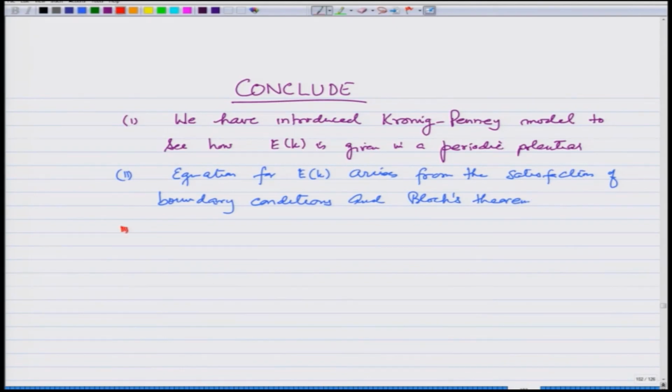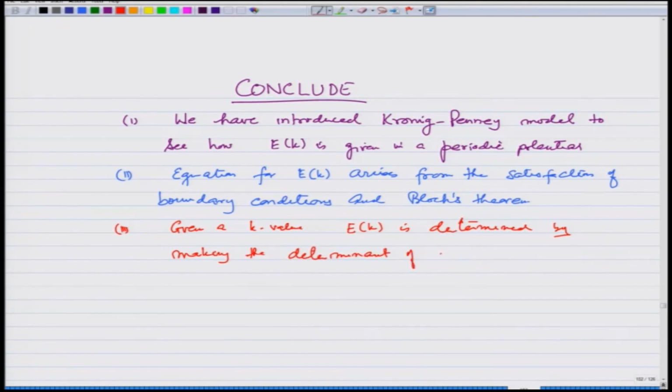Number 3, given a k value, E(k) is determined by making the determinant of coefficients, for lack of a better word, I will just write A, B, C, D, equal to 0.